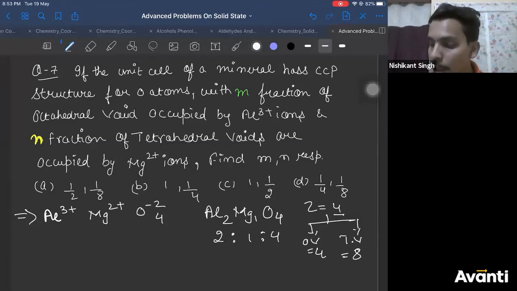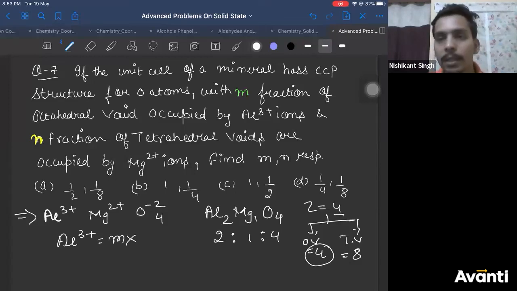So what fraction is occupied by Al3+? Al3+ occupies m fraction of the octahedral voids. So what is the total octahedral voids? 4, right? And Mg2+ occupies n fraction of the tetrahedral voids, that is 8.